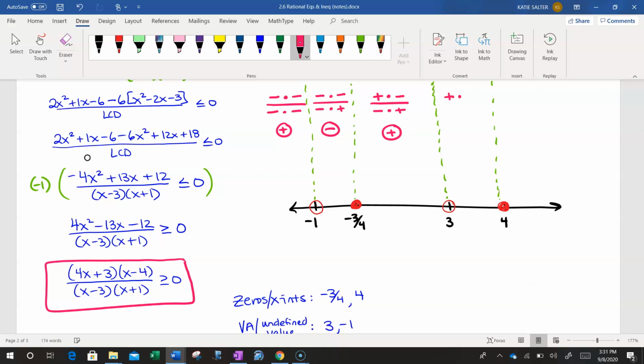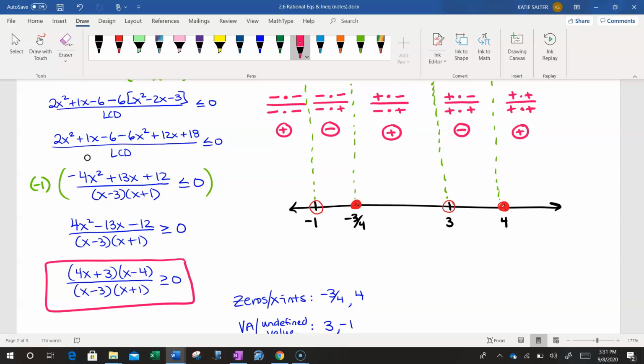It's going to make the x - 4 negative. It's going to make the x - 3 positive, and the x + 1 positive. You can see once they switch from negative to positive, they don't change over. And then the last section, they'd all be positive. So this second to the last section, we have an odd number of negatives, so that section's negative, and then the very last section is all positive, so that section's positive.